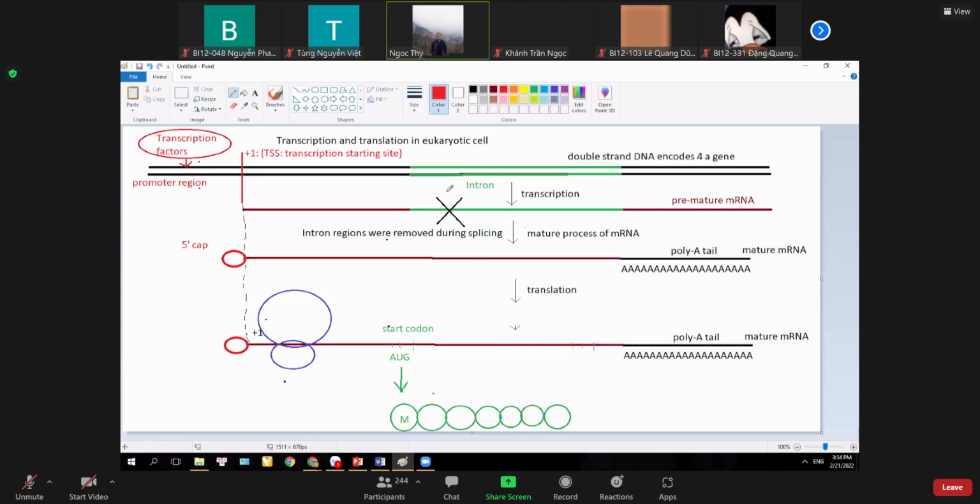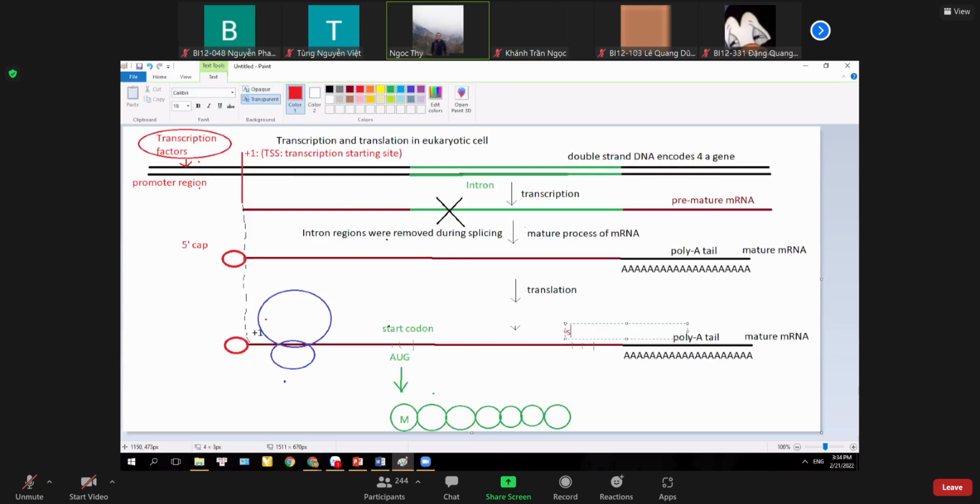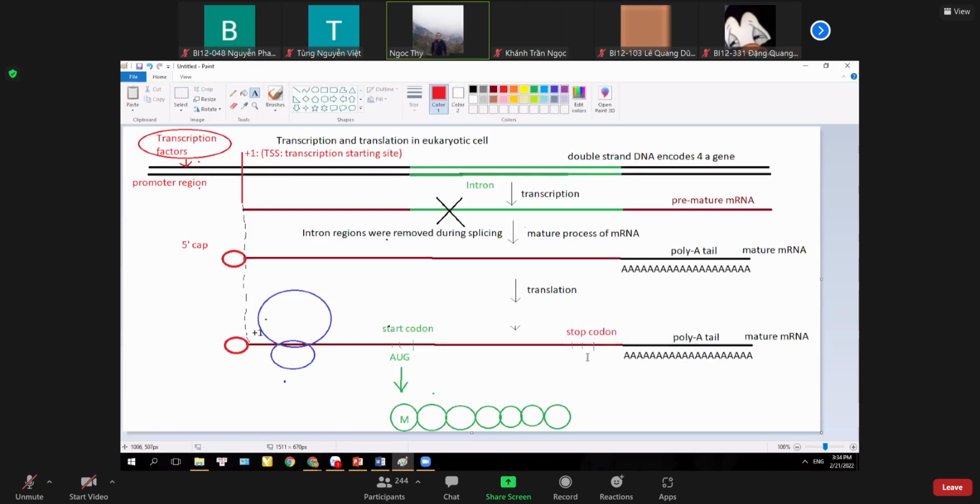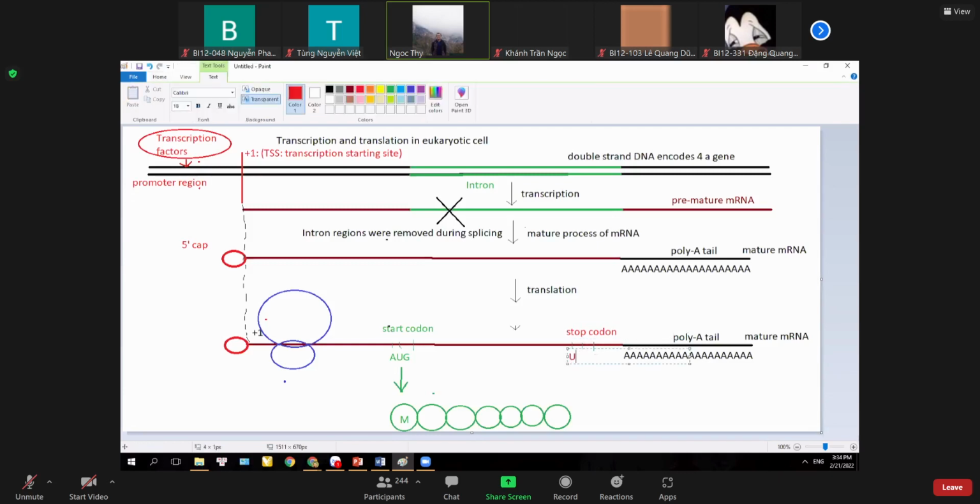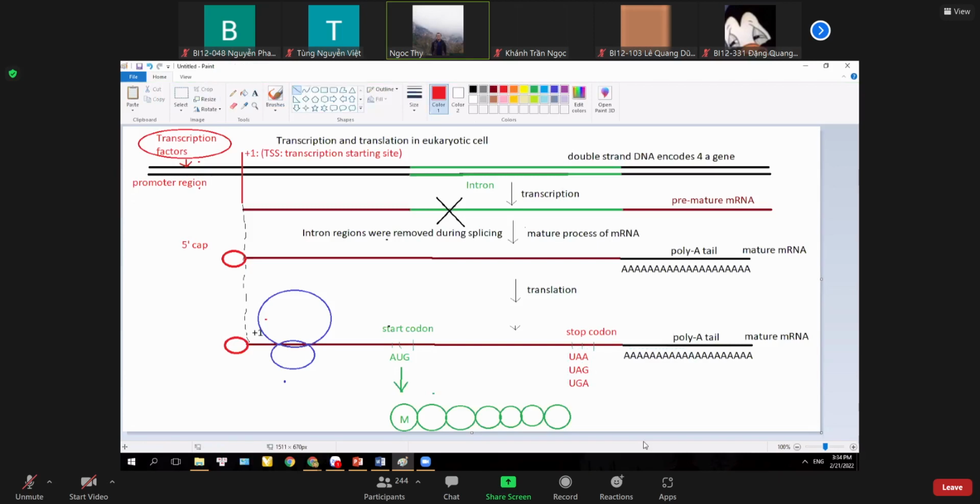In the universal coding sequence, the stop codon is UAA or UAG or UGA. So in this position, the polypeptide stops being synthesized, is released, and goes to post-translation modification.